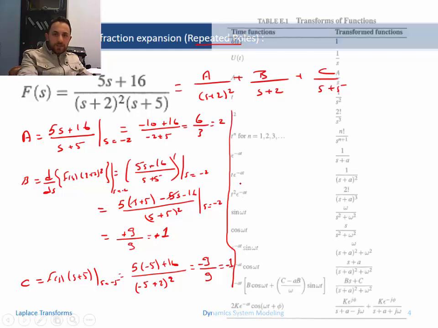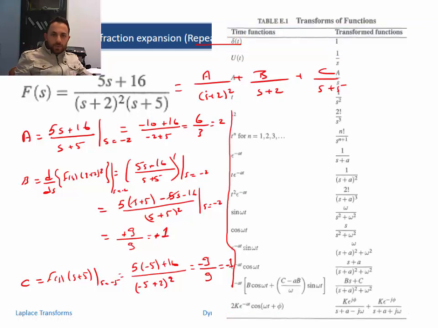Okay, so now we can find the inverse Laplace of this term, which is given by this one. Okay, so let me write it down.